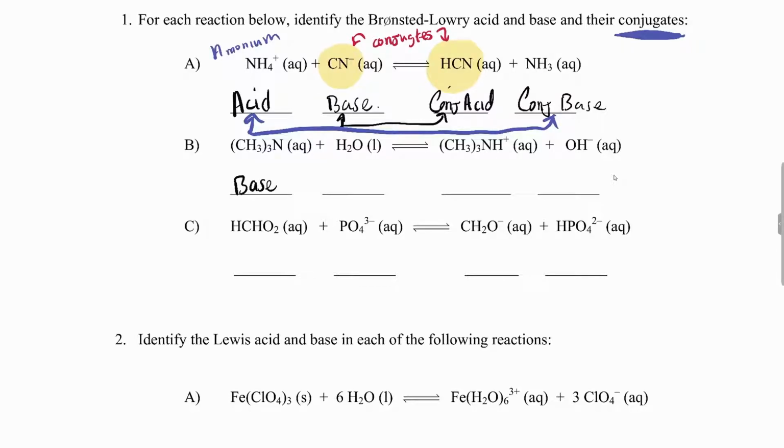Since we know that is the base, then we can say that the other is the conjugate acid. Because if we were to do that reaction in reverse, we would see that this has a proton source, H+, and then it is going to release that, acting as a proton donor to form CH3N.